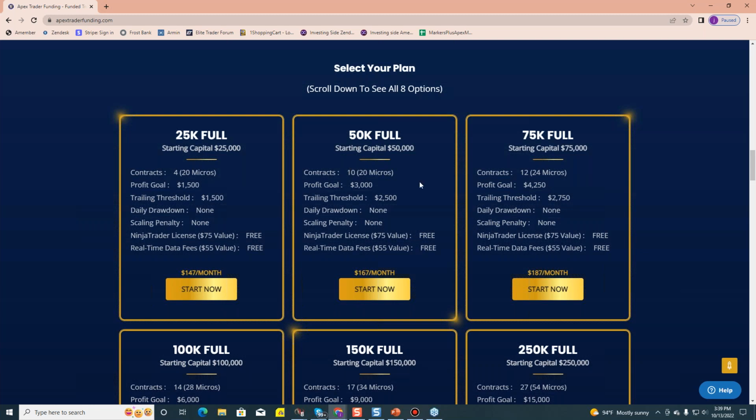Maybe I don't want to get charged another fee next month, so I'm going to rush it. Okay, well, over a month you've got like 20 trading days, right? How much do you need to make every day over 20 trading days to make $3,000? Yeah, like 150 bucks a day.